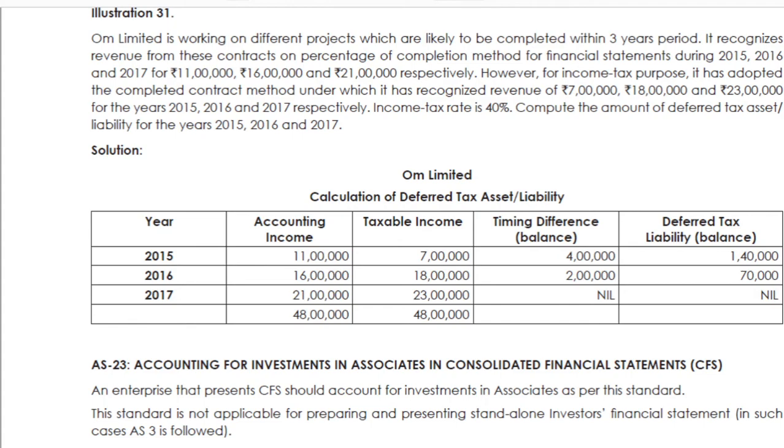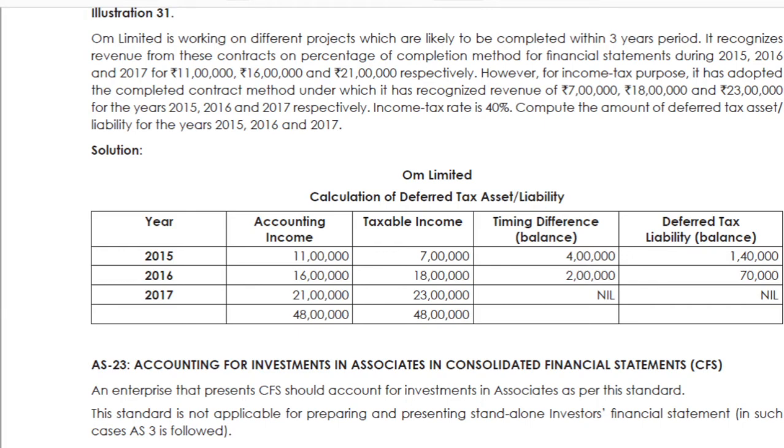The next question is: OM Limited is working on different projects which are likely to be completed within 3 years. It recognizes revenue from these contracts on the percentage of completion method for financial statements for 2015, 16 and 17 as 11 lakhs, 16 lakhs, 21 lakhs. Okay, that is, accounting income is 11 lakh, 16 lakh, 21 lakh. However, for income tax purposes, it has adopted the completed contract method, under which it has recognized revenue as 7 lakh, 18 lakh, 23 lakh for the years 15, 16, 17.